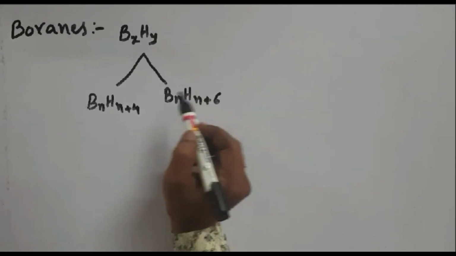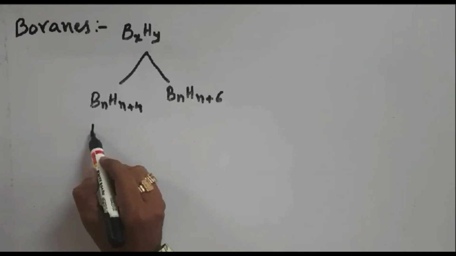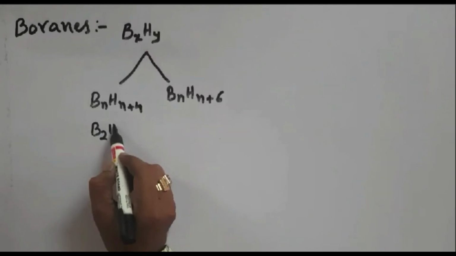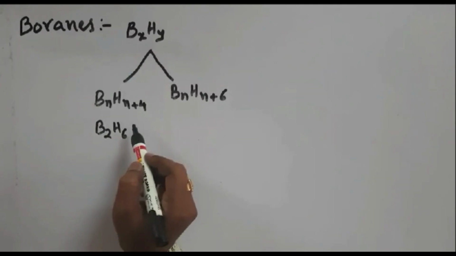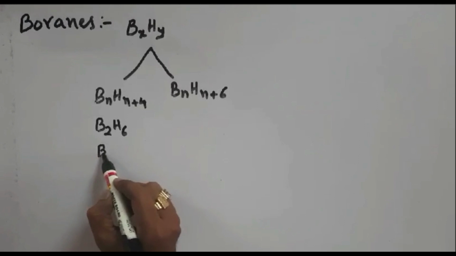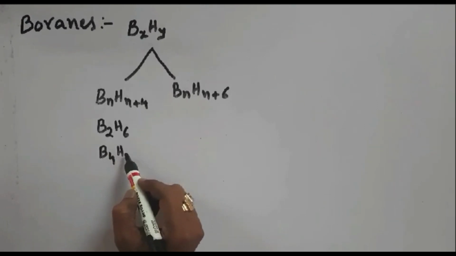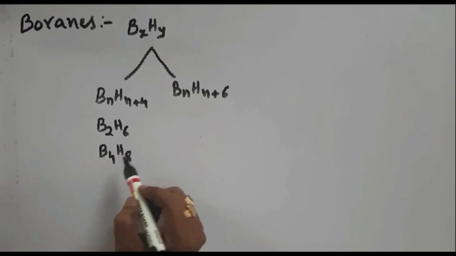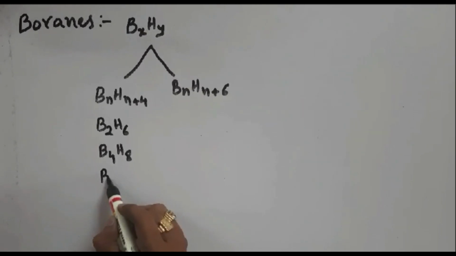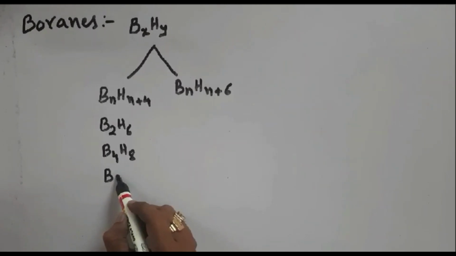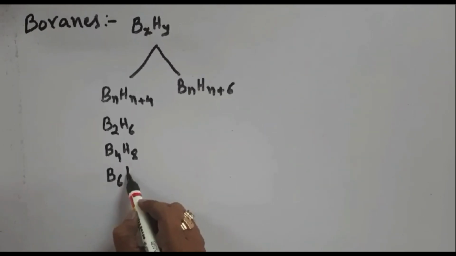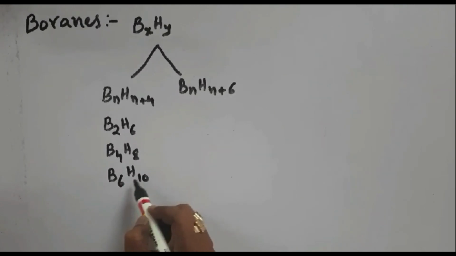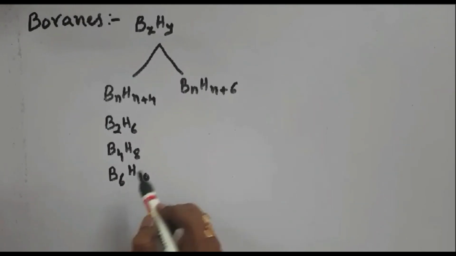The example for the first category will be B2H6, in short also called diborane, B4H8 tetraborane with 8 hydrogens, and if n is equal to 6, this becomes B6H10. This is called hexaborane 10.